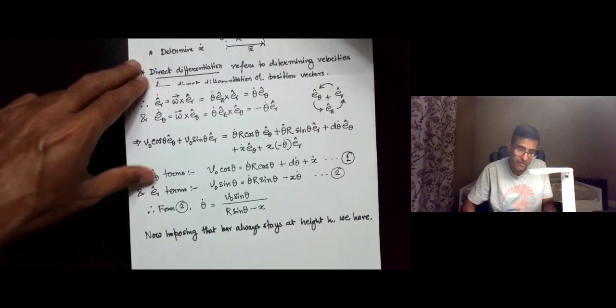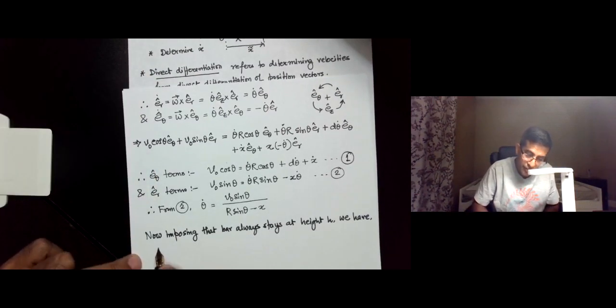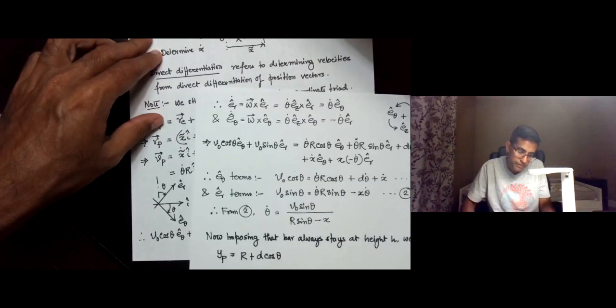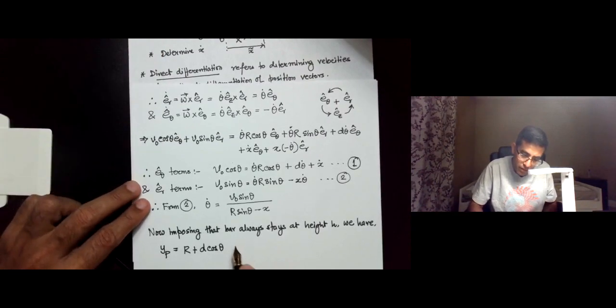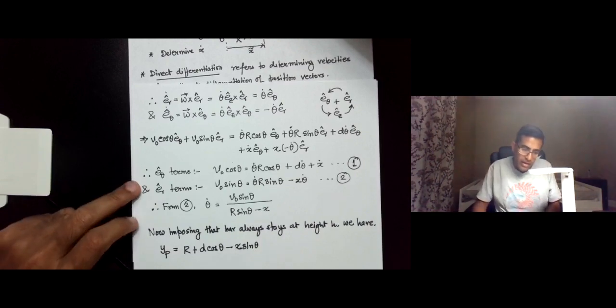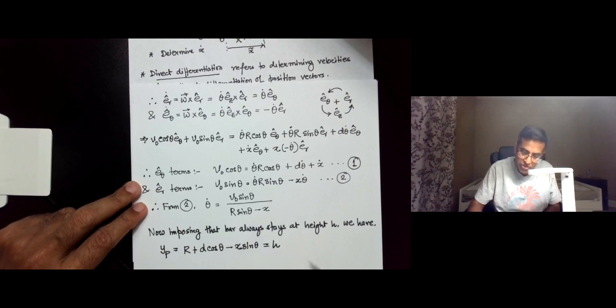Let me just write that down. Y of P, that is the y coordinate of P, is equal to r plus d cosine theta minus x sine theta, and that is equal to h.